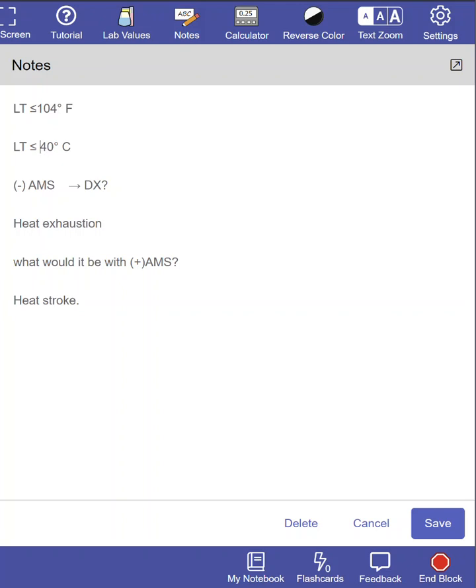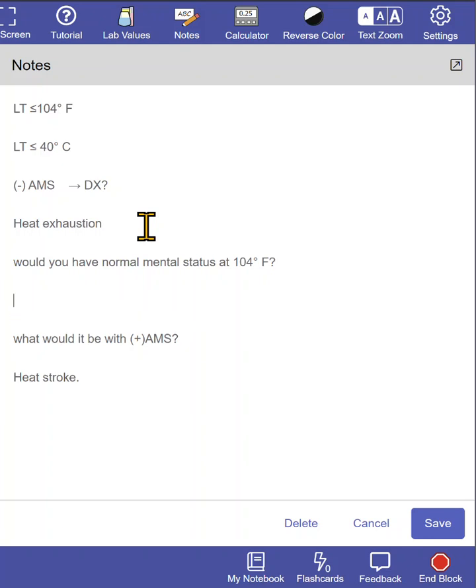That is a crazy number. If you have a 104 degree temperature, you're not going to have normal mental status. That's really the best way to think about it. Are you going to have normal mental status at 104 degrees Fahrenheit? No.